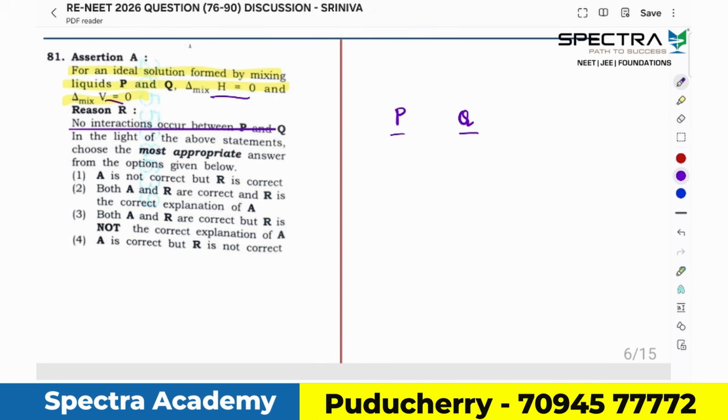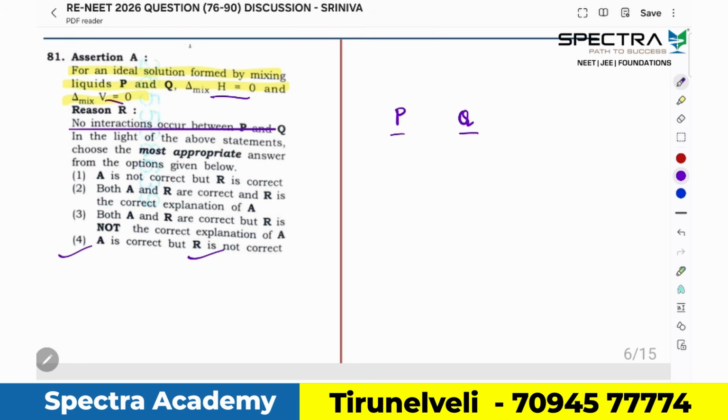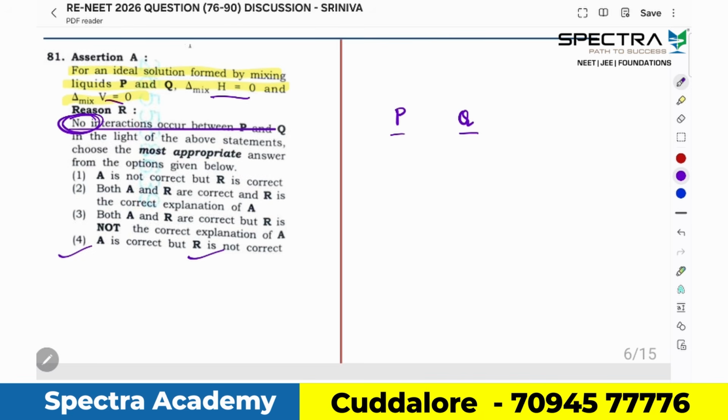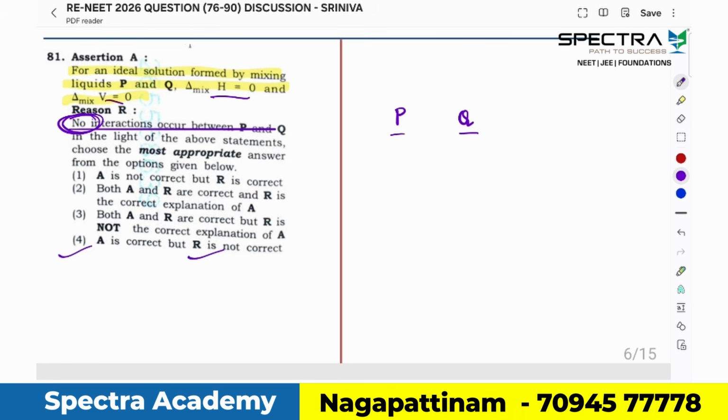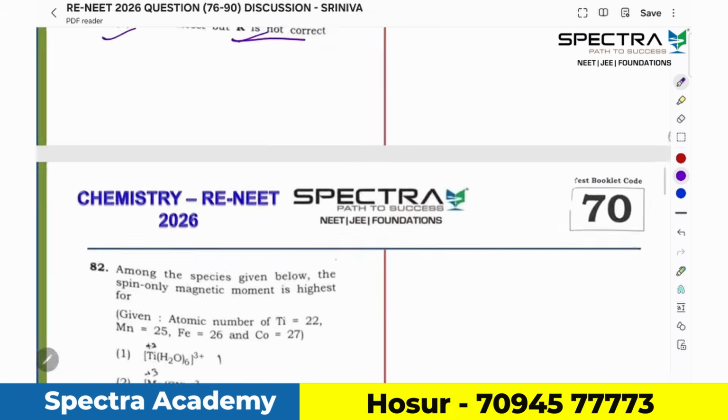The first option is correct and the second option is incorrect because there we have similar interactions. They told no interaction, but actually some interactions are present in ideal solutions, almost the same. That's why the second statement is incorrect.